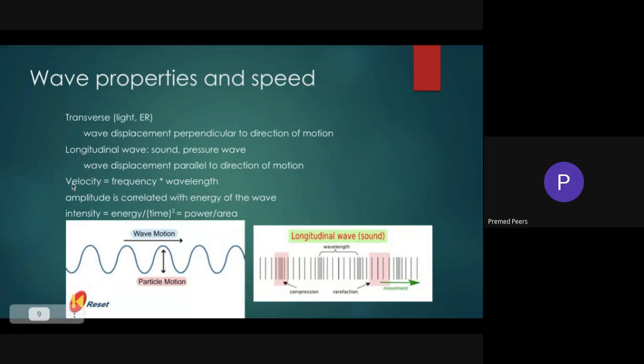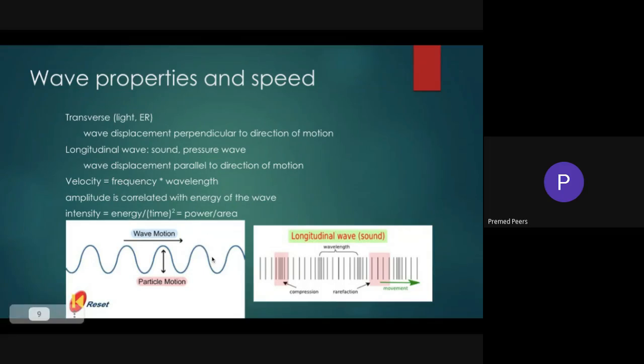And then we have probably the most important formula for waves, which is velocity equals frequency times wavelength. Another property of waves is amplitude, which is basically how high the wave displaces from the original point at the x-axis.